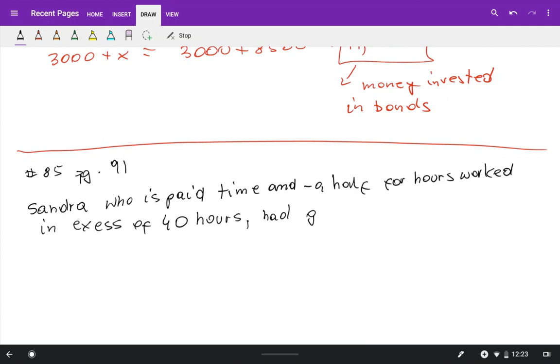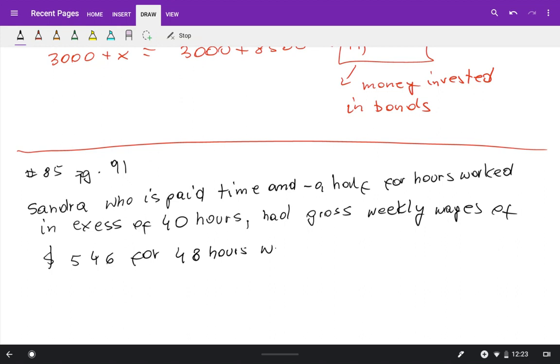Had gross weekly wages of 546 for 40 hours worked. What is the regular hourly rate?